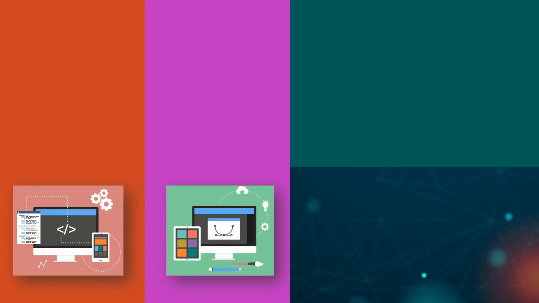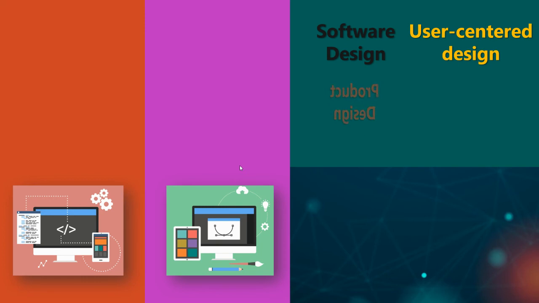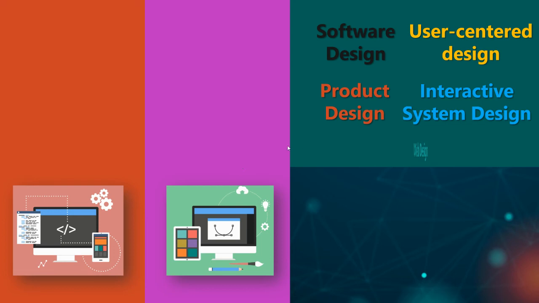So we view interaction design this way. A number of terms have been used since to emphasize different aspects of what is being designed, that include user interface, software design, user centered design, product design, interactive system design, and web design.